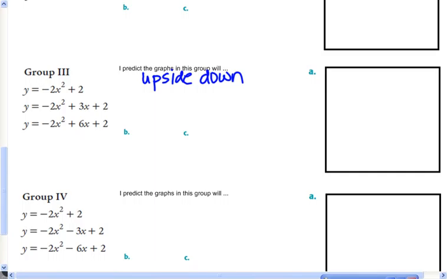And again, we have the same constant added on to all, so I'm going to predict they all have the same y-intercept. And because of what I saw last, I'm going to predict that they have different lines of symmetry and different vertices.